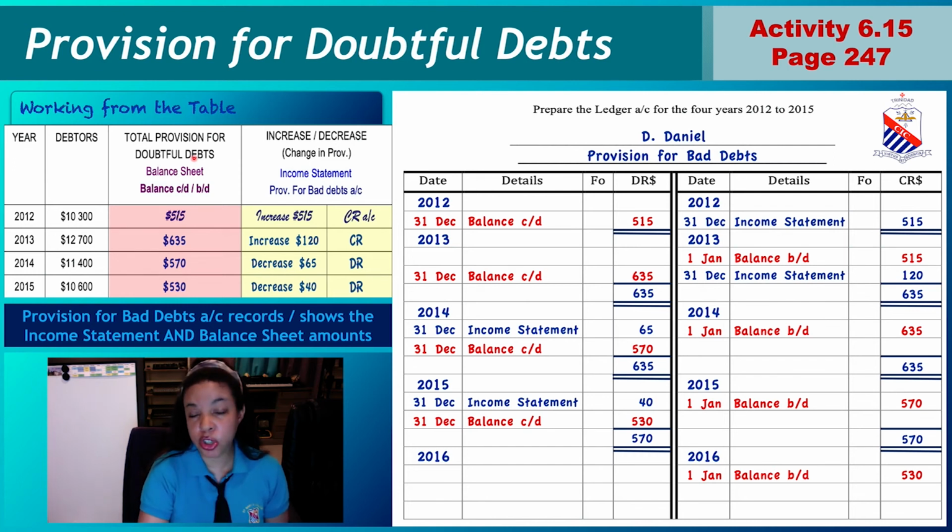So when you go into your balance sheet for 2012, it's going to be your debtors or receivables, 10,300 less 515 provision for doubtful debts. 2013, it will be your 12,700 less your $635. 2014, 11,400 less your 570.